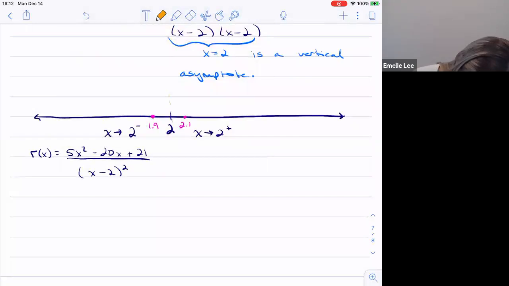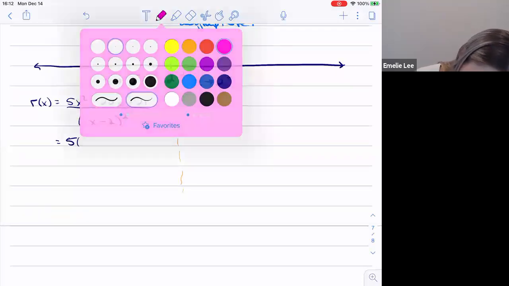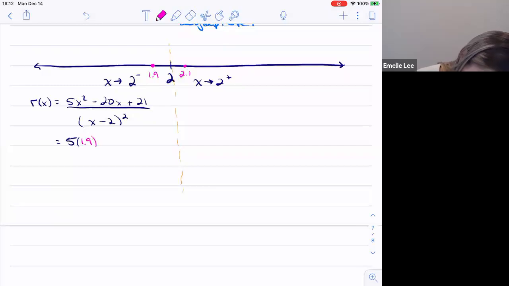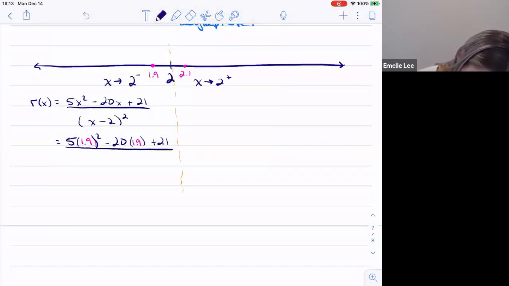I'm just going to divvy up the page here so I can keep those two separate. So I'm going to do 5 times, and then I'll highlight 1.9 squared minus 20 times 1.9 plus 21. (1.9 minus 2 squared).